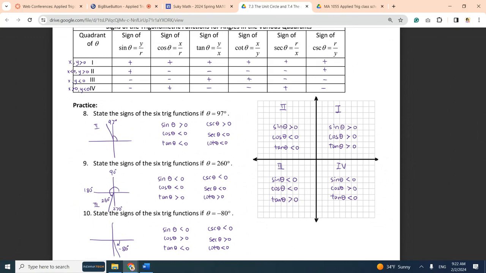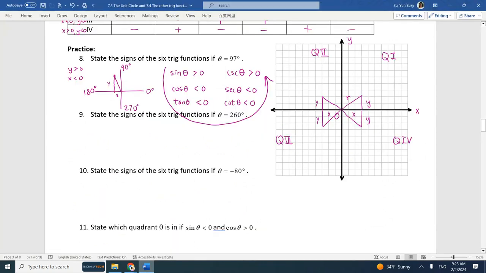I write this down because the other 3 trig functions depend on those 3. We only need to figure out sine, cosine, tangent because the remaining 3 are reciprocals of those 3. So this can make things easier, right?